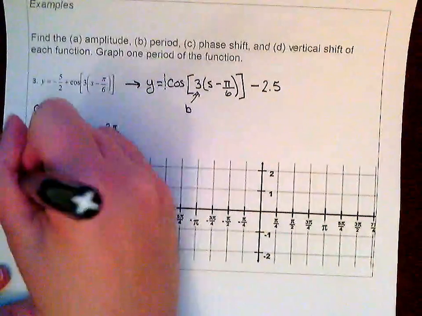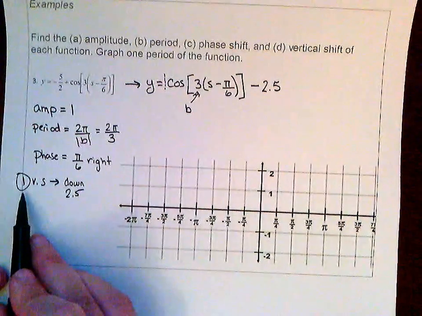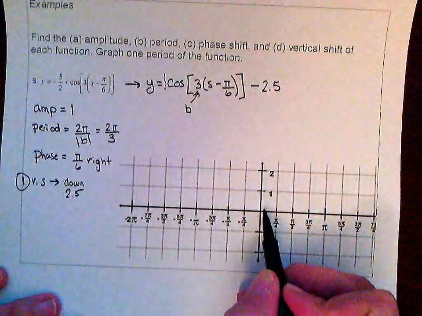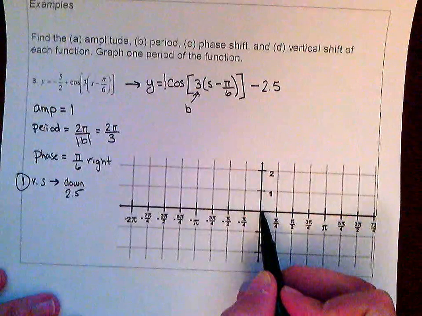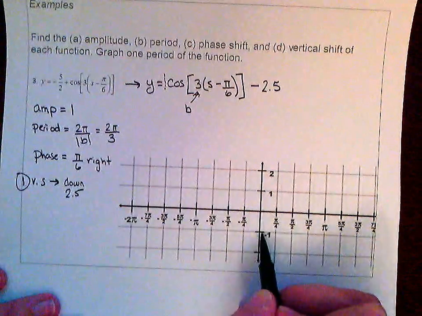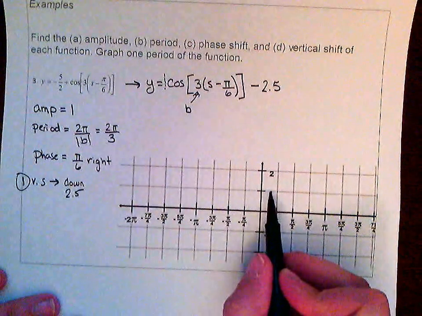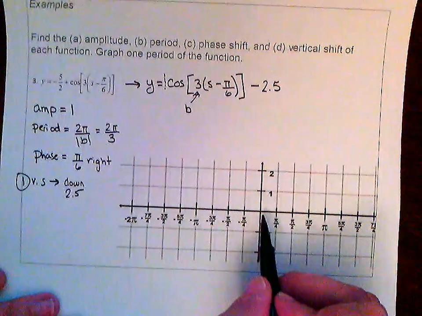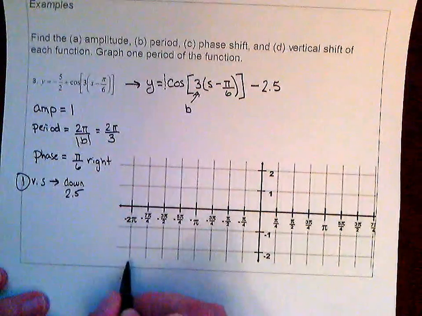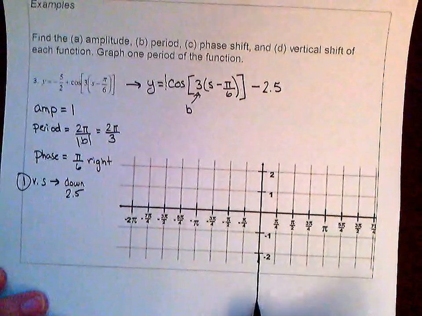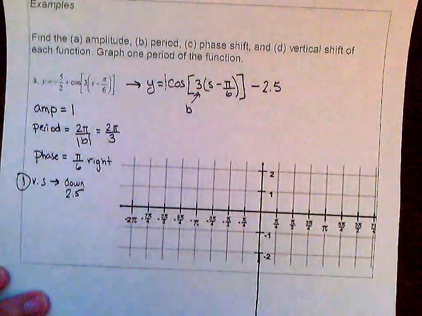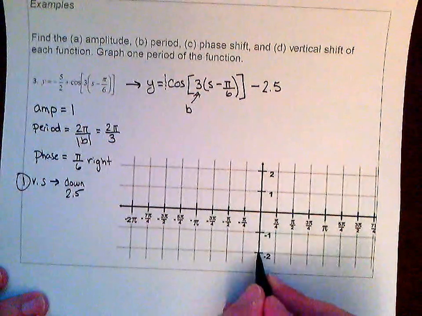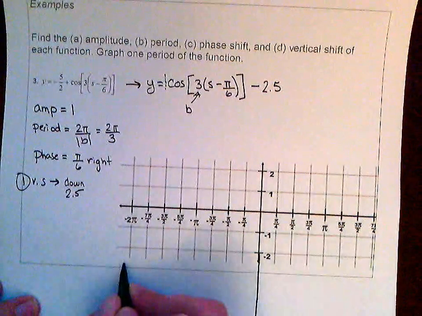Alright, the first thing I'm going to start with is I'm going to identify my vertical shift. So originally I know that cosine functions are centered at the midline. And usually the lowest is -1 and the highest is 1. So if everything is going to be moving down 2.5, my midline is going to be at 1, 2, 2.5.